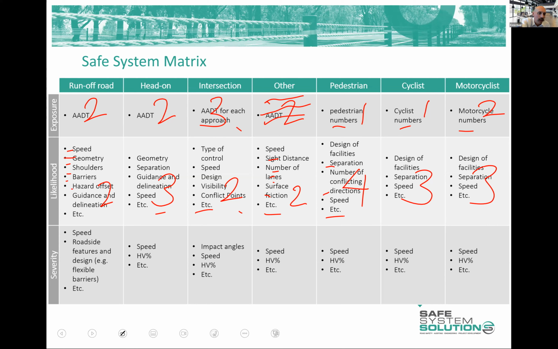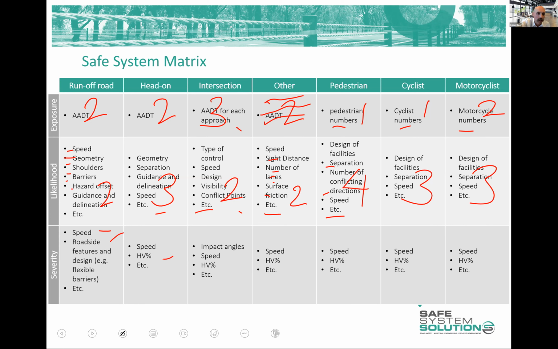When we get into severity, there are kind of fewer things because we're talking about the physics and the biomechanics of injury. So really speed occurs in all of them because it's very influential on the severity of outcome. But then there's, are there things to absorb energy like roadside barriers, redirect energy?